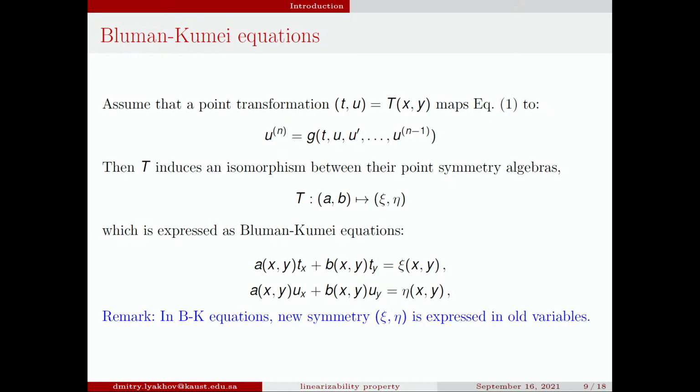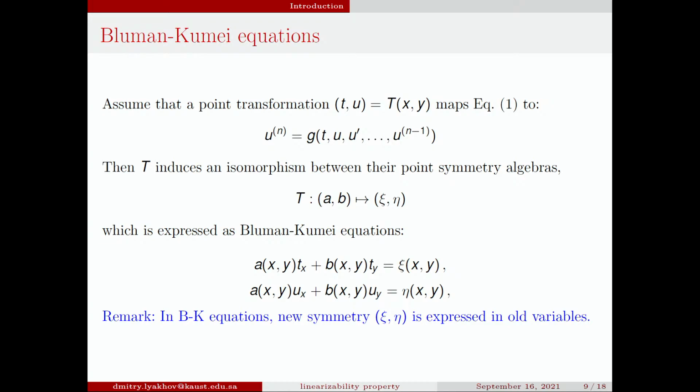So the Bluman-Kumei equations are very basic for our algorithm. Assume now we already have a point transformation which maps x, y to the new variables t and u. After changing these variables, you can rewrite equation 1 to another one, like this one.